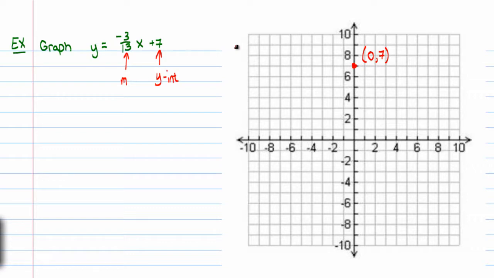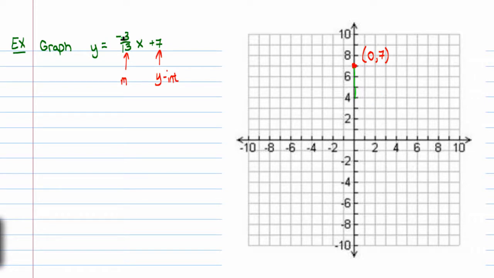I would not use the slope addition property here because I don't want to just move forward in the x value by 1 and then drop my y value by 3/13. That's a horrible choice, actually. In this case, I started at an integer value for a point. I would love to just drop 3 units down. 1, 2, 3 units down, and then run by 13.